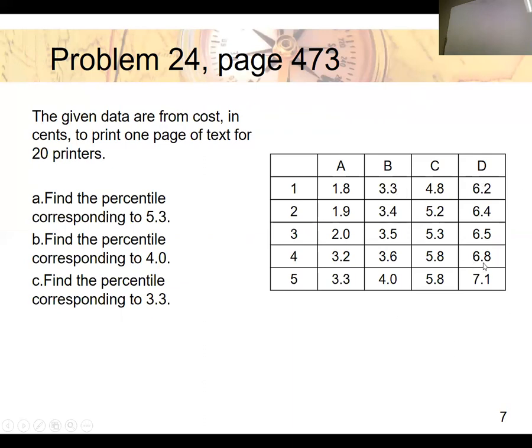The good thing about this data set is that it is already in numerical order from least to greatest. They're doing this column by column. Here we're going to find the percentile corresponding to 5.3.